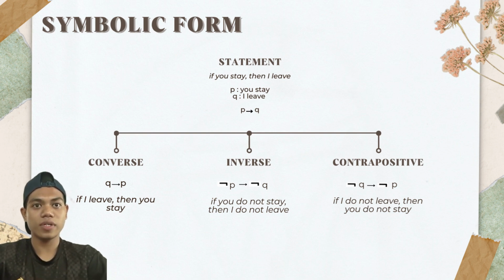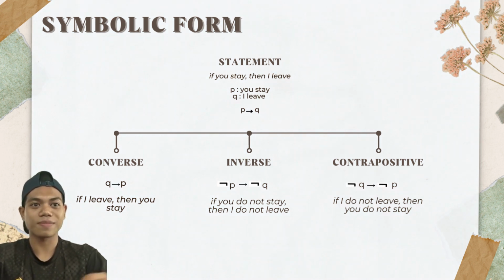And for the inverse statement, we negate both parts, which is if not P, then not Q, which is if you do not stay, then I do not leave. And the contrapositive is if not Q, then not P. So the statement is, if I do not leave, then you do not stay.